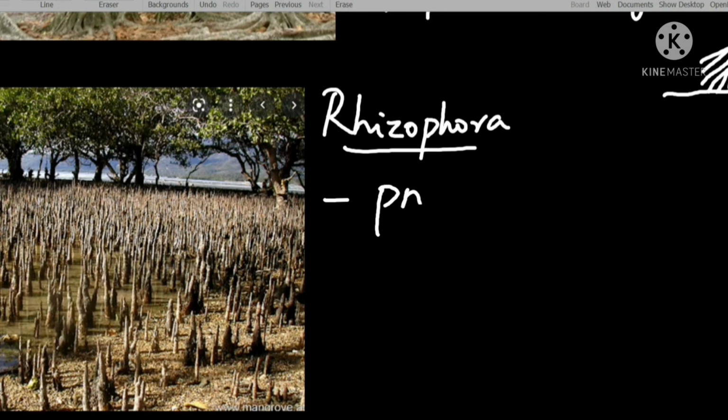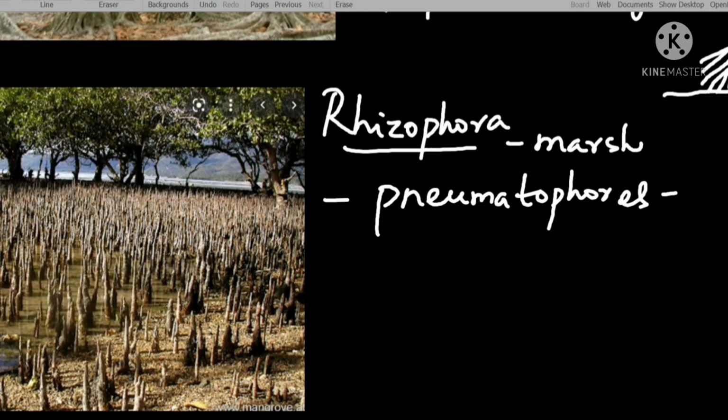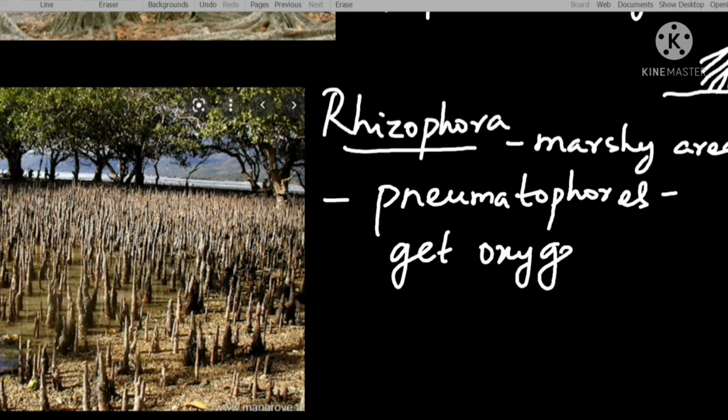These roots are called pneumatophores. They are seen in plants like Rhizophora, which grow in marshy areas where the amount of oxygen present in the soil will be less. So these roots help them get oxygen for respiration.